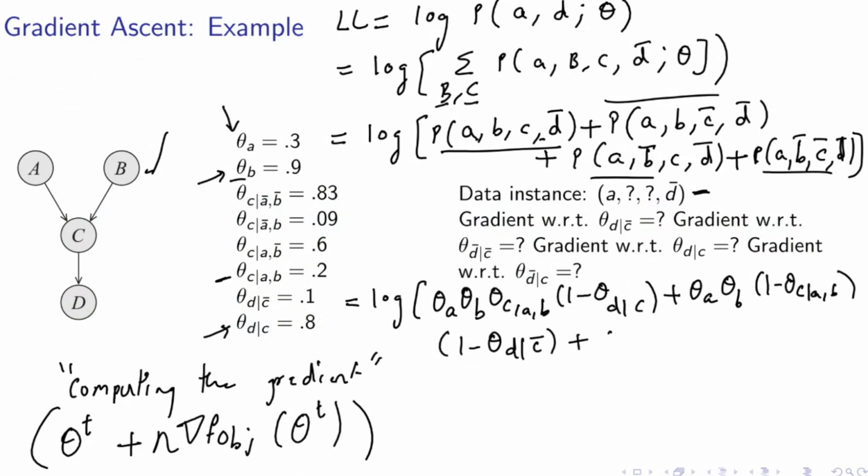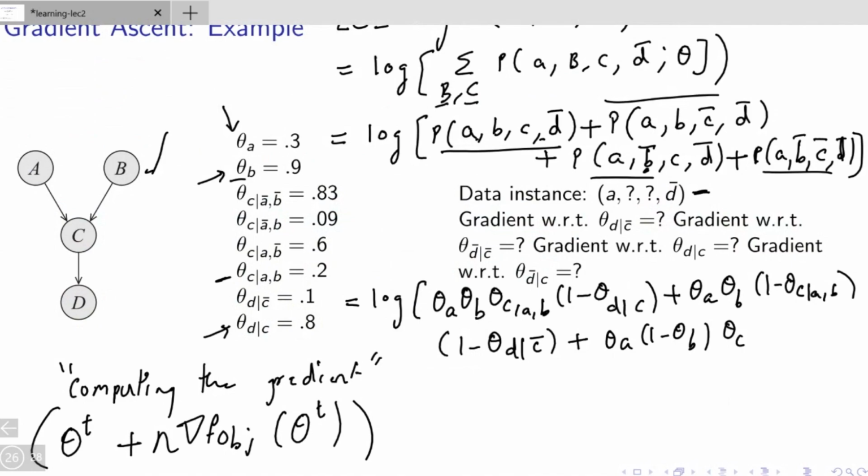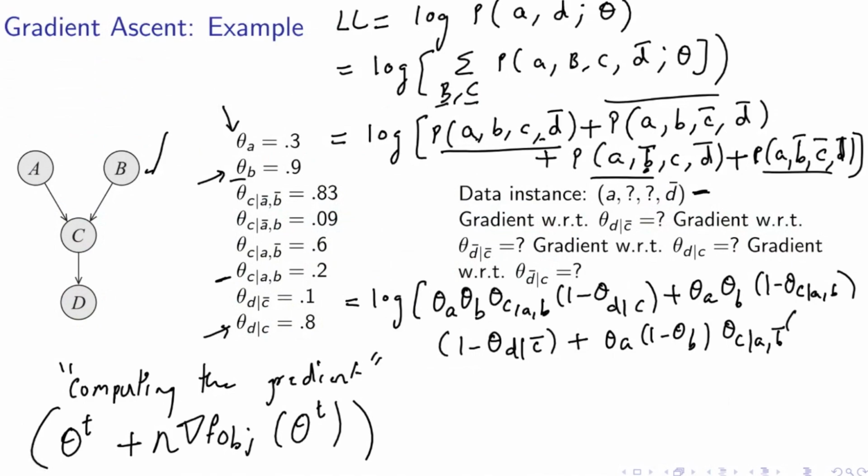Plus theta of A again, 1 minus theta of B, because we have B bar, then theta of C given A comma B bar, and the final quantity is 1 minus theta of D given C.